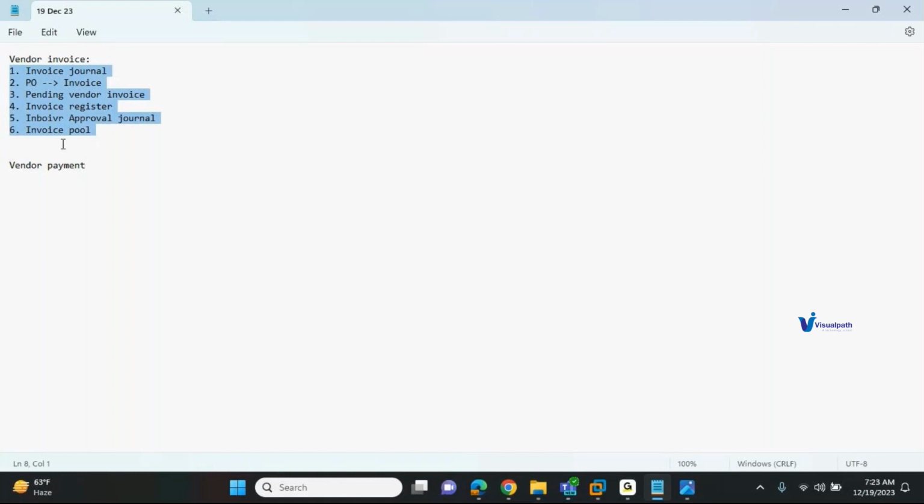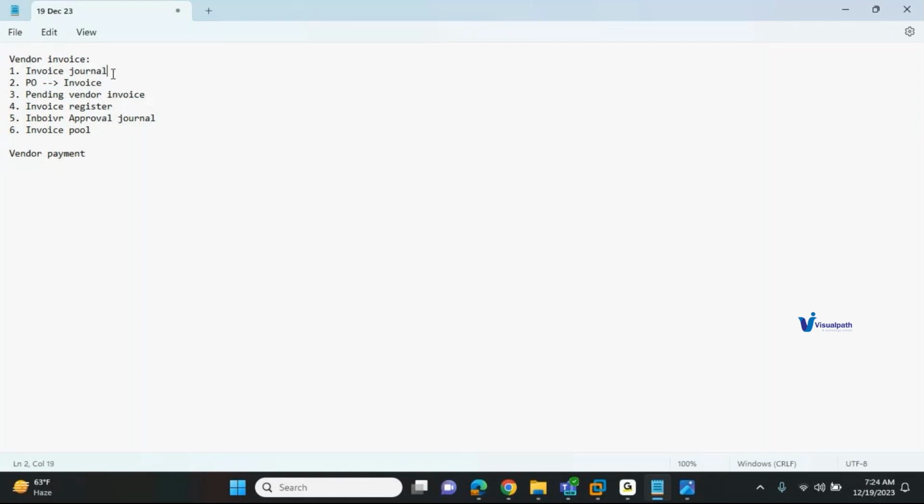There are 6 ways we can do it, and there are some more also in SCM. To be frank, a vendor invoice can be done in 10 different ways. Slowly you will understand all this.